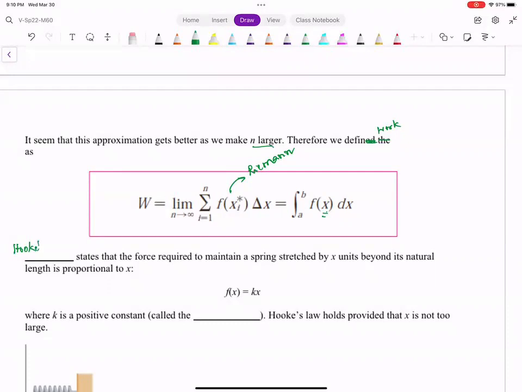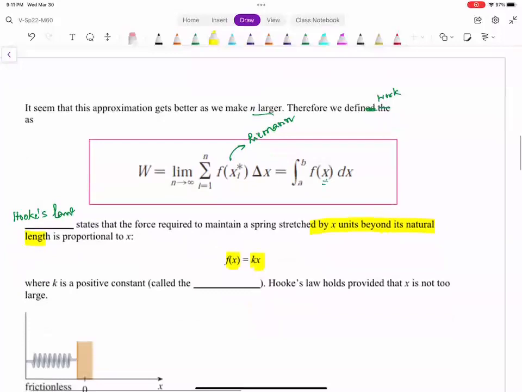Hooke's law states that the force required to maintain a spring stretched by x units beyond its natural length is proportional to x. The f of x is k times x. K is the constant of proportionality. X is the length beyond the natural length of the spring, the amount of stretch.